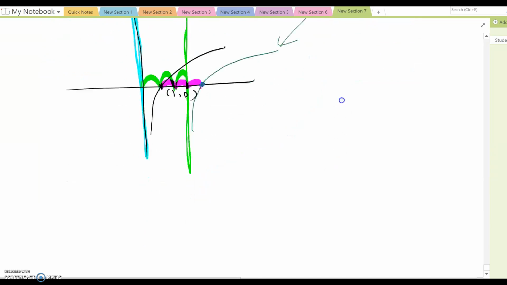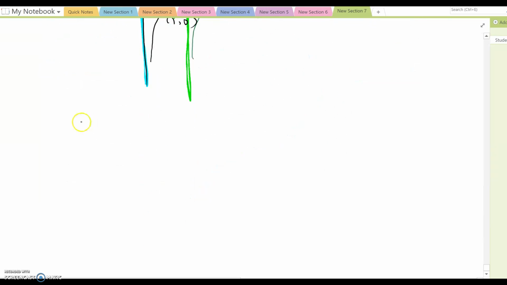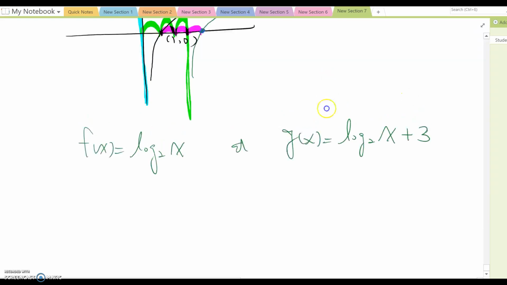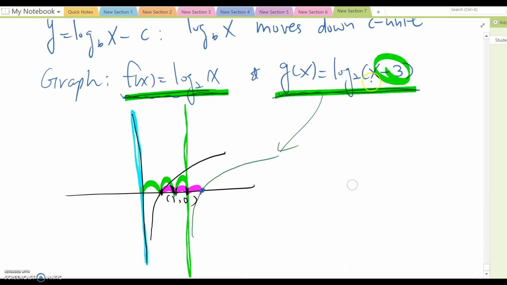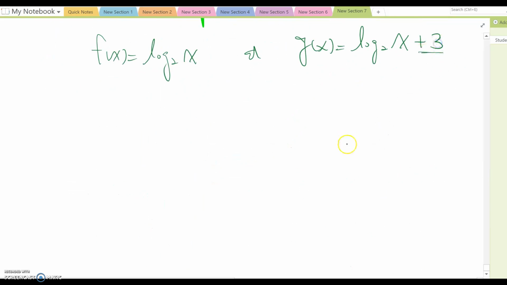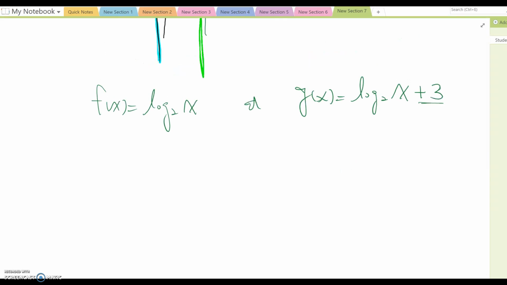Okay, then what about comparing f(x) = log base 2 of x and g(x) = log base 2 of x, plus 3 here. So the difference is, before, the value was in the parentheses, but now the 3 does not belong to the parentheses value at all.